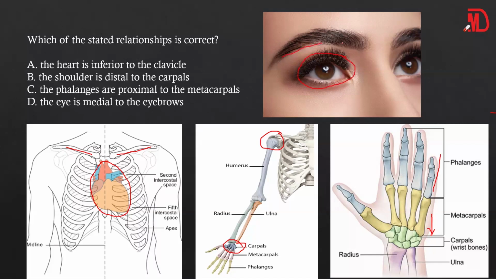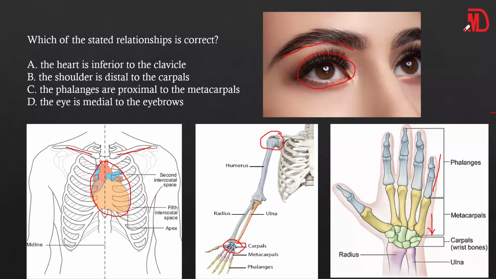And this is your eyebrow, right? So the question is, what's the relationship? Of course, the eye is inferior to the eyebrow, which also means that the eyebrow is superior to the eyes. So it is not medial. The eye is inferior to the eyebrow.